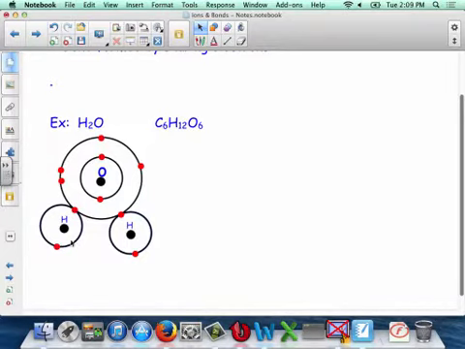Notice that the hydrogen wants to have 2 electrons in its outer shell, and right now it only has 1, and oxygen needs 2 more to fill this outer shell. So what will happen here is it kind of doubles up, and it shares. Oxygen shares these 2, hydrogen shares those 2. The same thing with these over here, and it gives everybody a full happy shell. We get H2O.